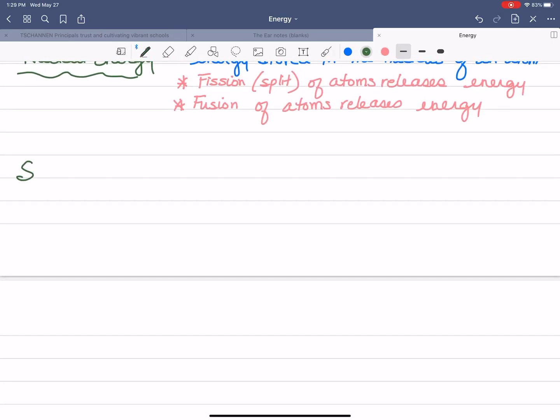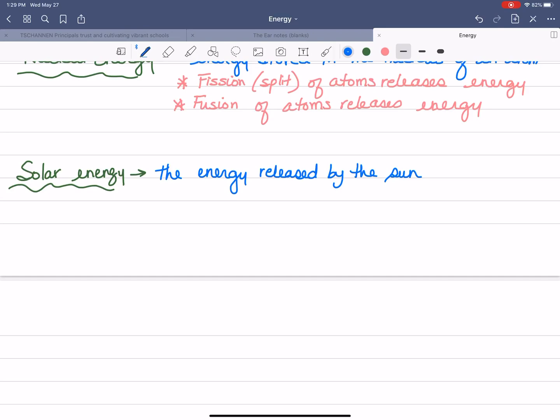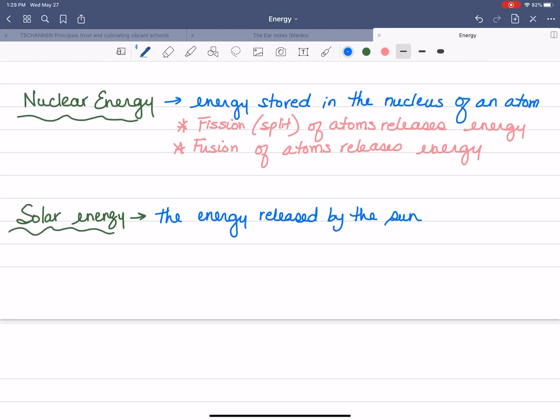And probably the most important for our life is solar energy. And so solar energy, this is the energy released by the sun. And the reason why the sun is releasing this energy is that there are nuclear reactions going on in the sun. So nuclear energy inside of the sun, and it's actually fusion that is happening inside of the sun that is causing it to release that high amount of energy.